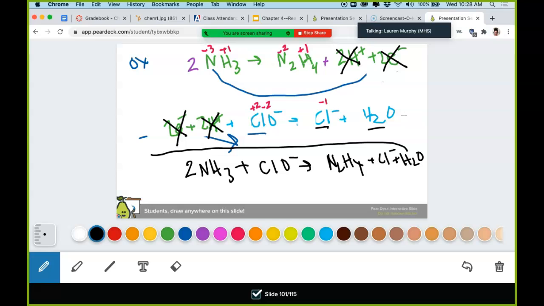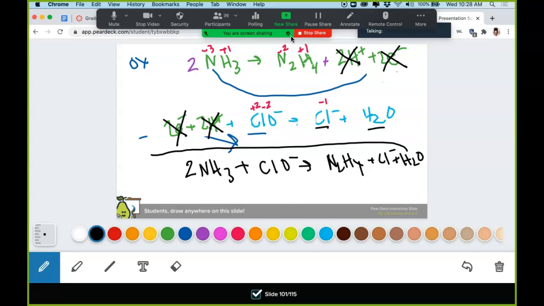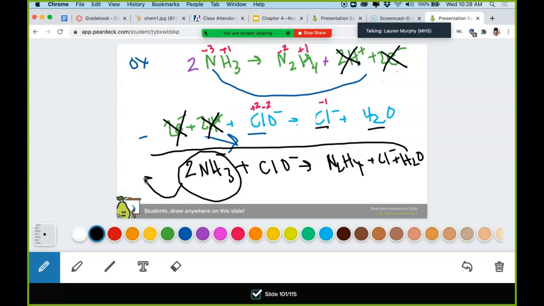And then you go, well, how is this basic then? I don't see hydroxides floating around, and that's kind of confusing, right? Because hydroxides are what our key was to being basic. Does anybody know a substance in here that's a base? This is ammonia. If you did not know, you need to know.